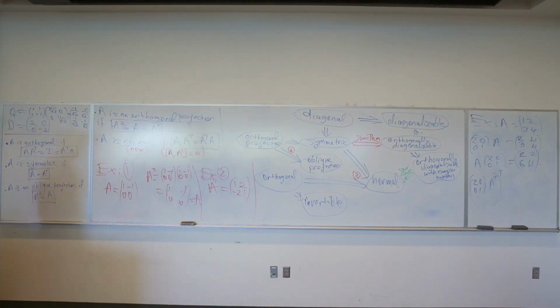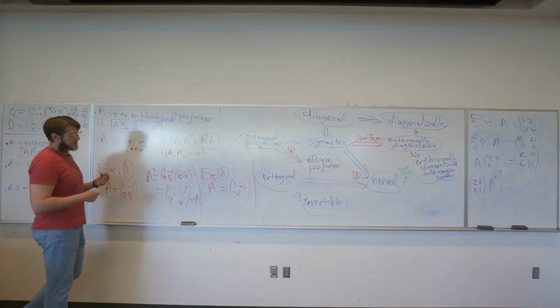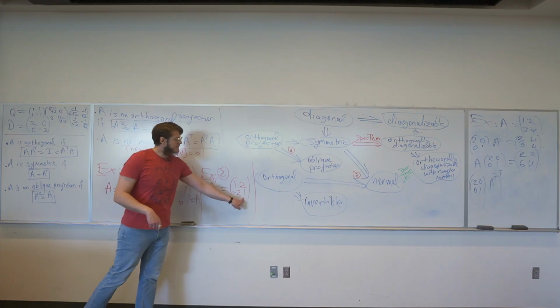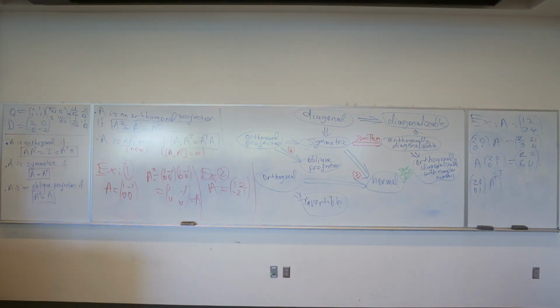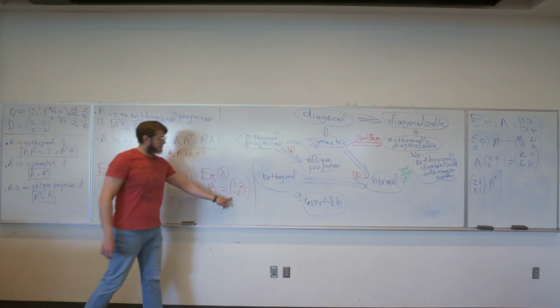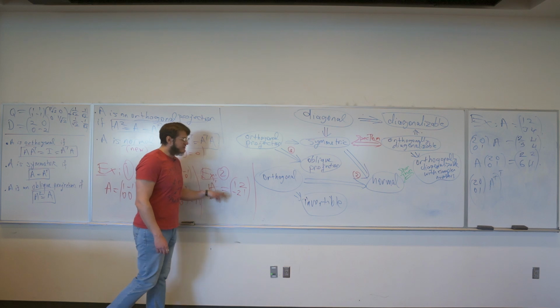This certainly is not symmetric. In fact, it is skew-symmetric. If you were to take the transpose, you pick up a minus, or anti-symmetric is what people would say. It's also not orthogonal. At the very least, even though the columns are orthogonal, they are not normalized. The magnitudes of the columns are √5. So this fails to be orthogonal.